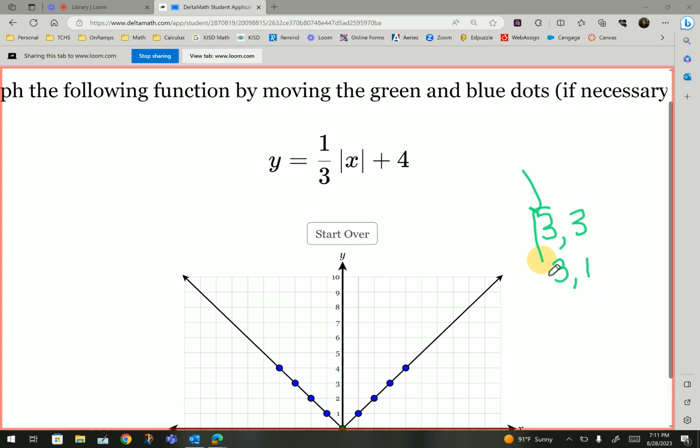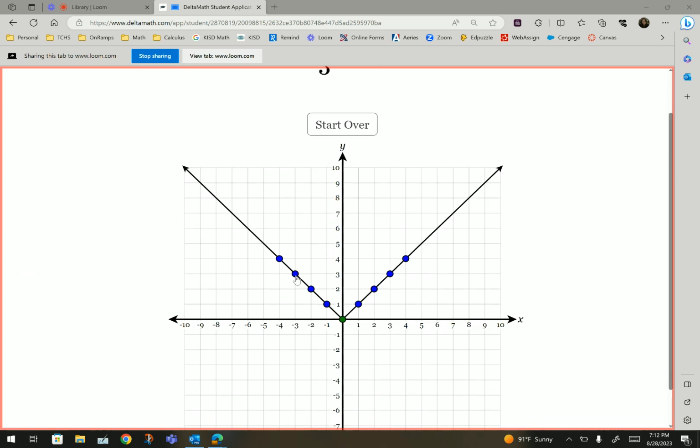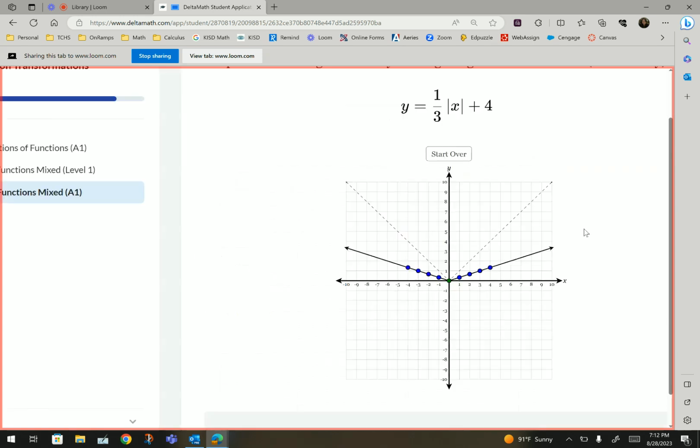I want you to notice that these x values never change. The only thing you are worried about changing is the y values. So I'm going to go from 3, 3 to 3, 1. Okay, there we go.